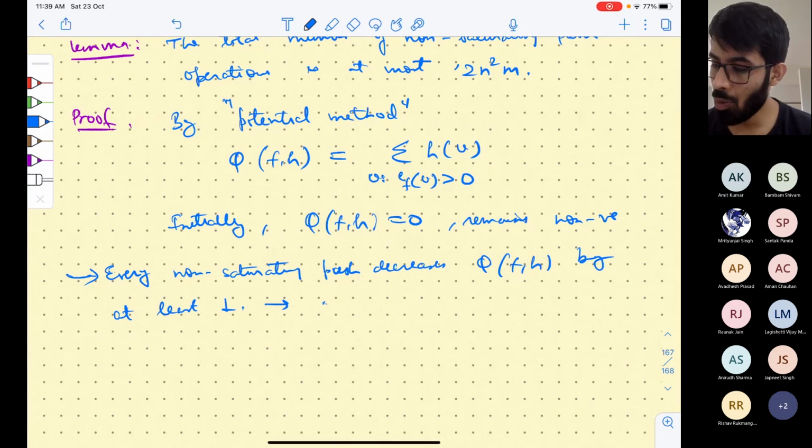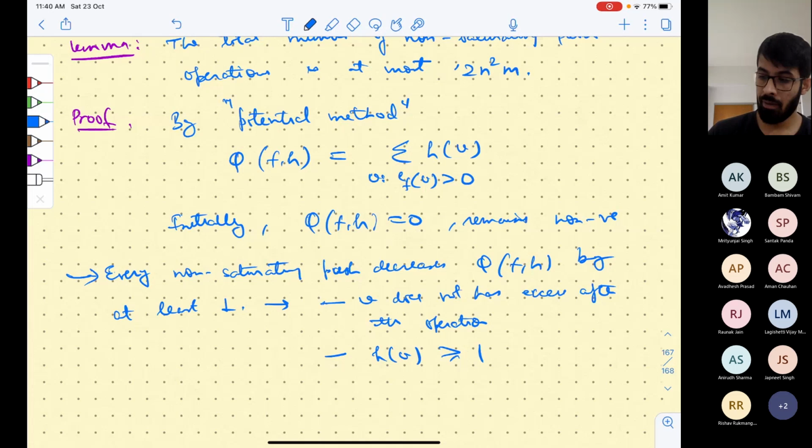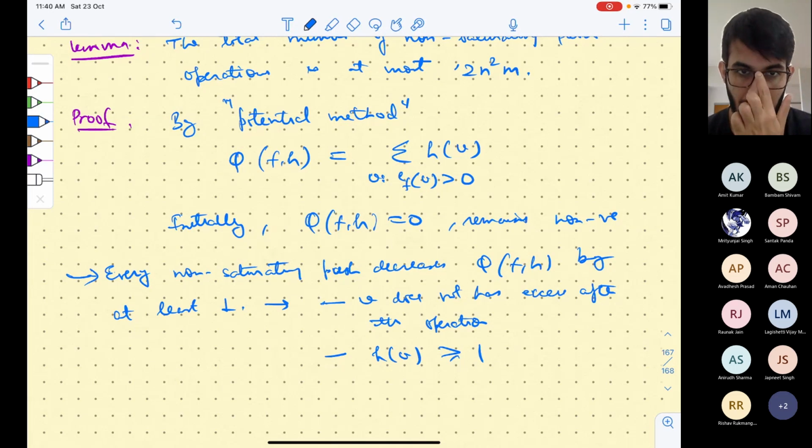So two points: V does not have excess after the operation, so it does not appear in the summation, and the height of V is greater than or equal to 1. So it was contributing something to the phi function, and now it's not contributing.